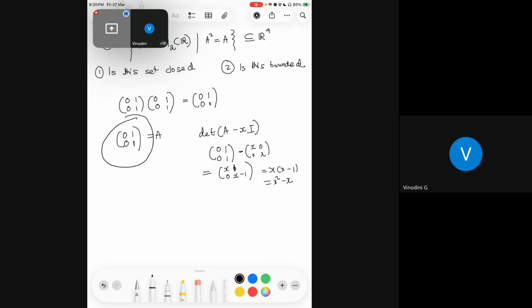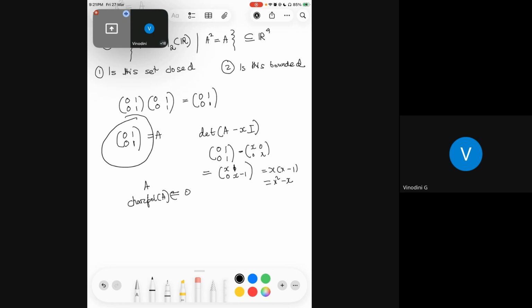Do you know Cayley-Hamilton? By Cayley-Hamilton, if A is any matrix, then A satisfies its characteristic polynomial.